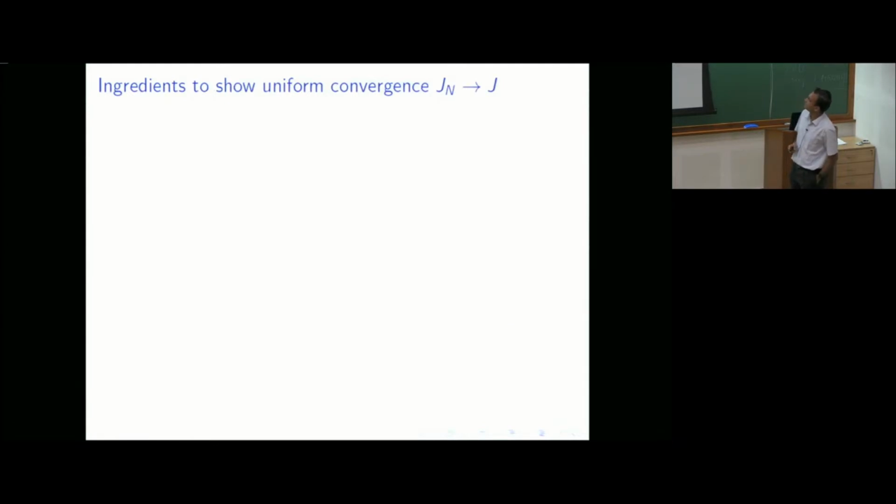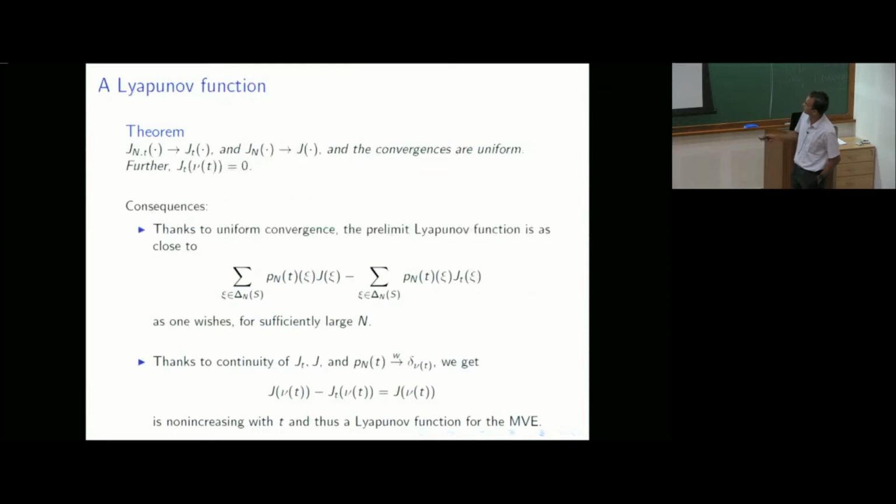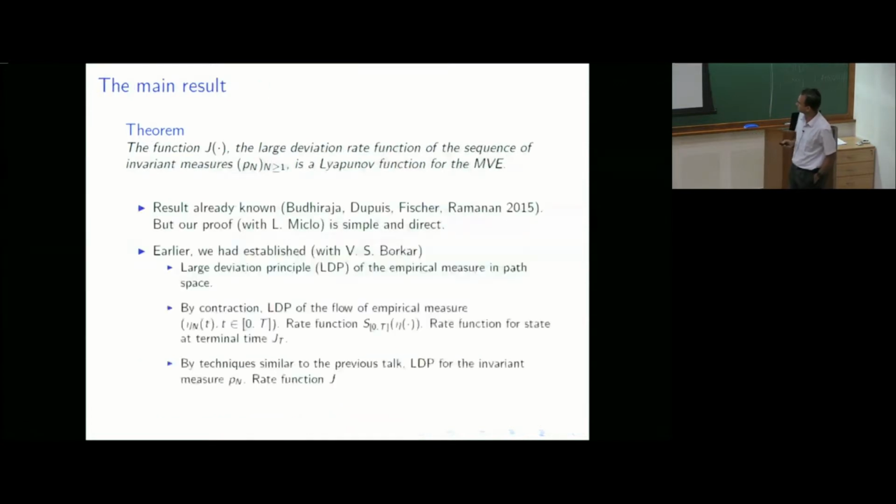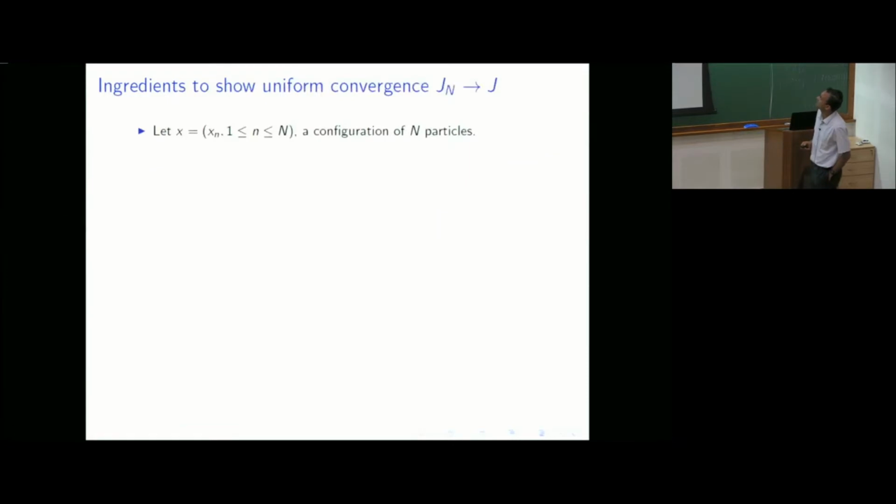So here are the ingredients that go to prove this result. Now I'll focus only on this J_n to J. And I'll also only give an outline. So the ingredients are the following. In order to prove this convergence, I actually have to go one more level up. I have to now look at the particles themselves.